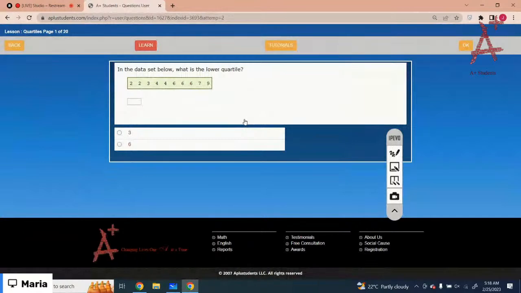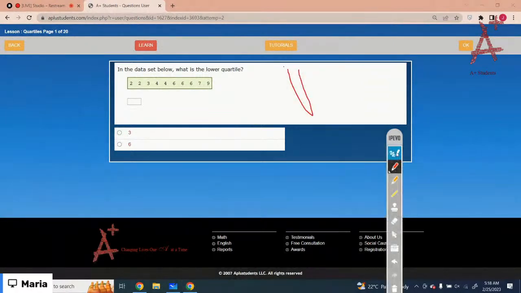Let me count how many numbers there are in the data. Okay, how many numbers are there in the data? You have 1, 2, 3, 4, 5, 6, 7, 8, 9, 10. You have exactly 10 numbers. Got it?